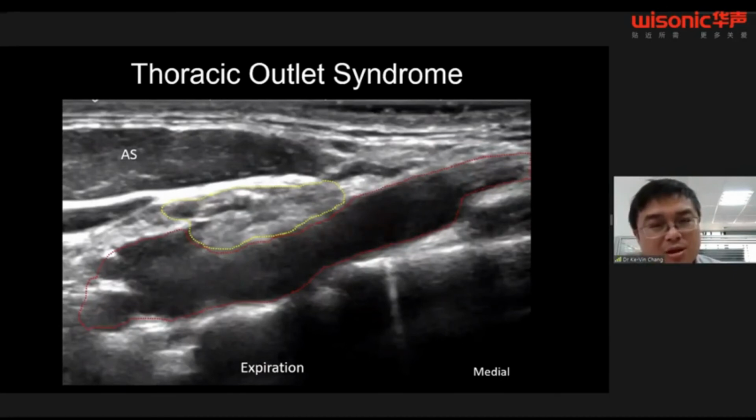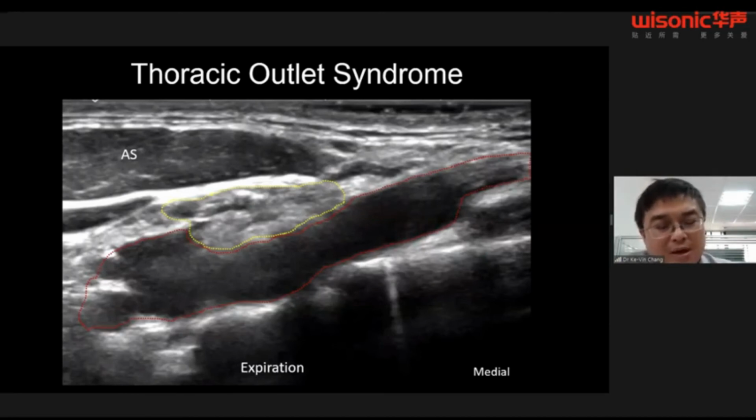But for patients with brachial plexus injury, sometimes direct visualization of the nerve is difficult because most of the nerve has been encircled by fibrotic tissue. So that's why a very important thing is you have to evaluate the integrity of the muscle it innervates.